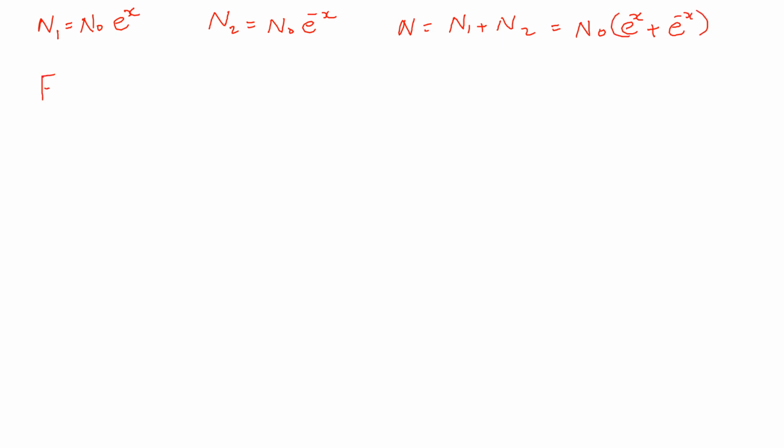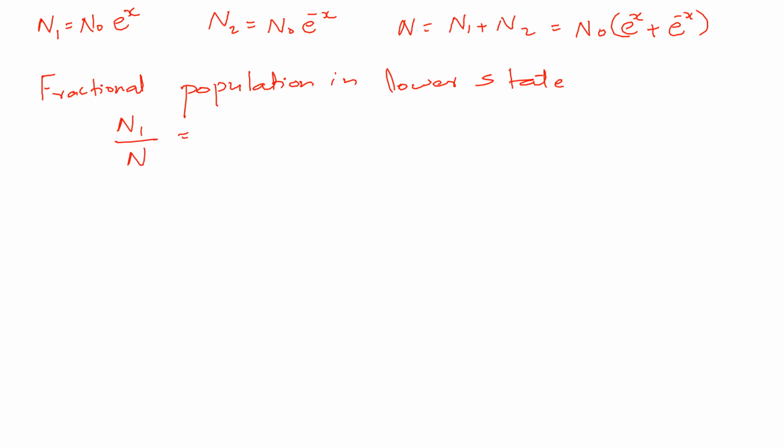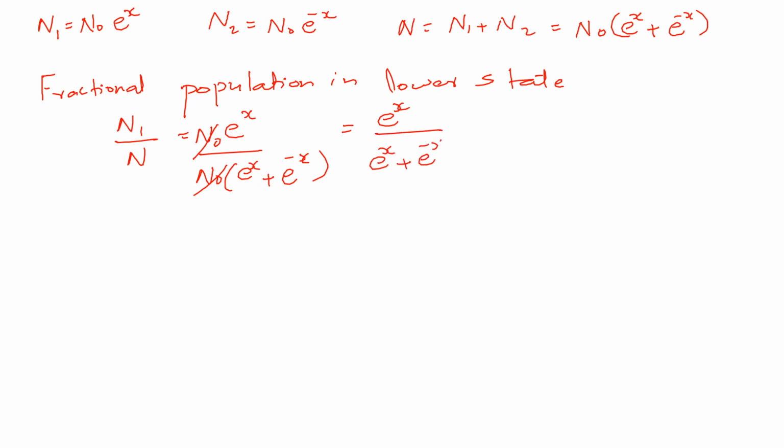Now, the fractional population in the lower state is N1 divided by the total population, N1 divided by N. That is N0 e to the power X divided by N0 times e to the power X plus e to the power minus X. We can cancel N0, so this will be e to the power X divided by e to the power X plus e to the power minus X.